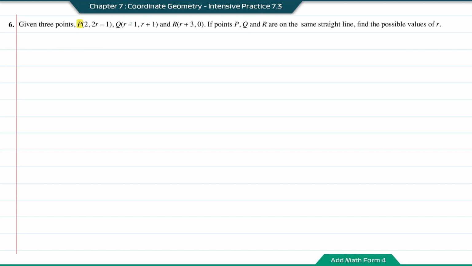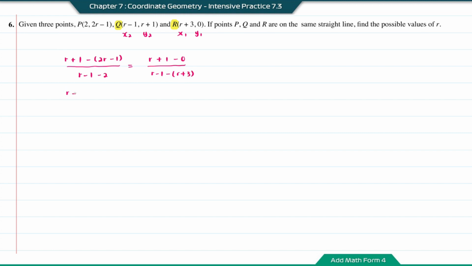So first using the points P and Q. So here (r plus 1 minus (2r minus 1)) over (r minus 1 minus 2). This is the same as the gradient when I use the points Q and R. So here (r plus 1 minus 0) over (r minus 1 minus (r plus 3)).